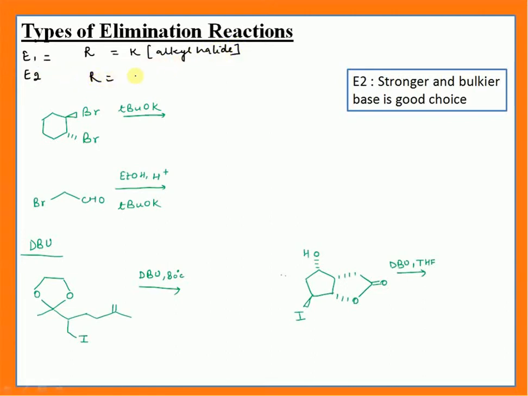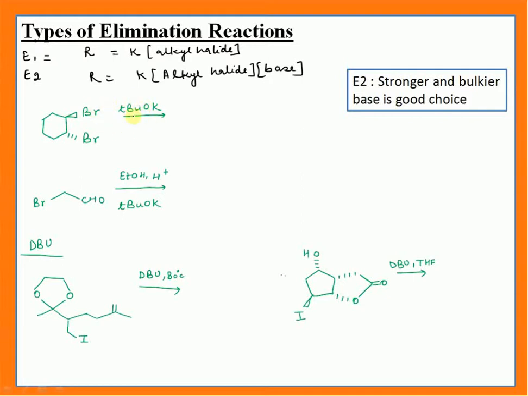But in case of E2 elimination, rate will depend on alkyl halide as well as your base. We will use the term base for elimination reaction because these nucleophiles or bases are helping us to remove protons. They are not attaching like a nucleophile, they are helping us to remove proton from the reaction, right?